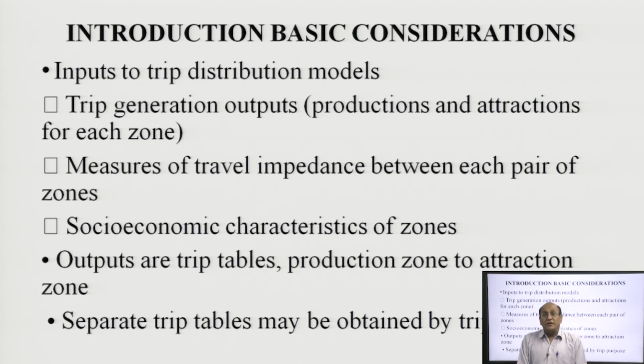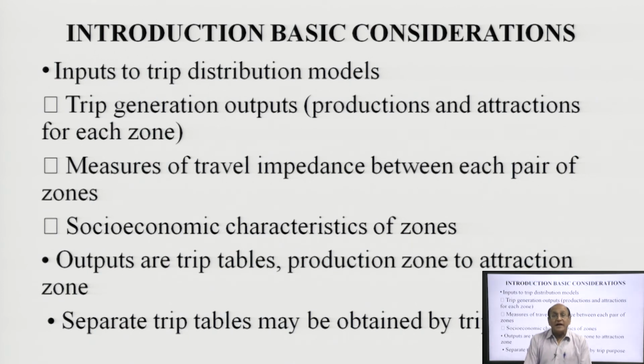Introduction, basic consideration of trip distribution. Input to trip distribution model. What are the parameters or inputs to be given for the distribution model? First is the trip generation output. What is the output of trip generation?